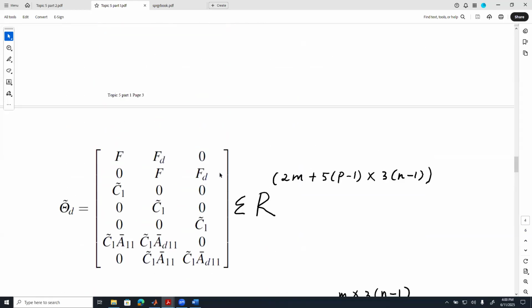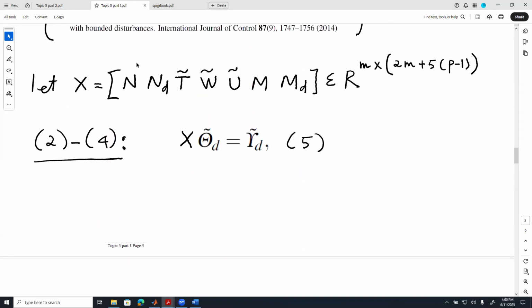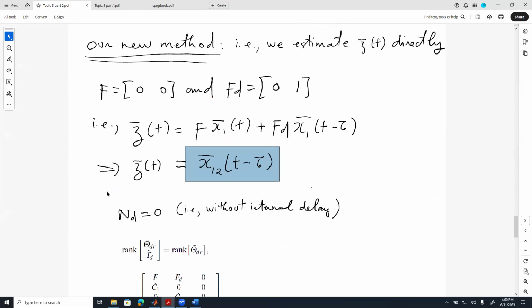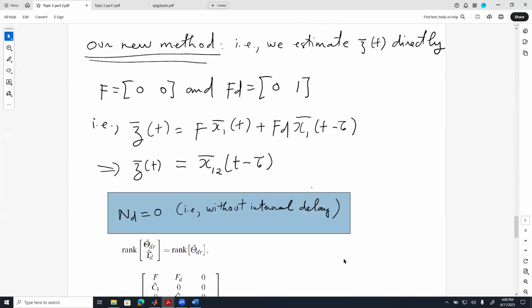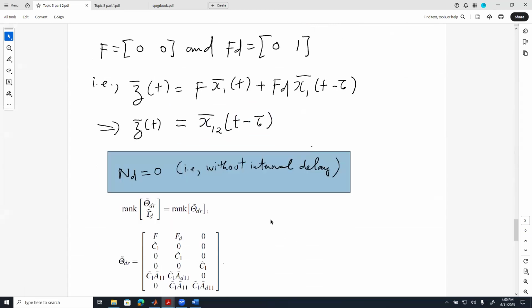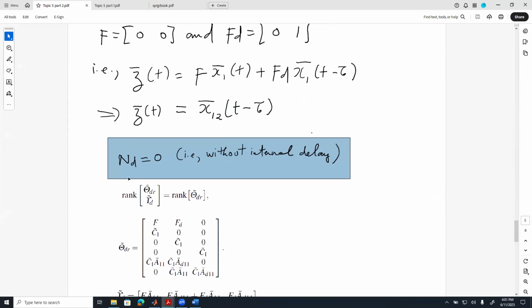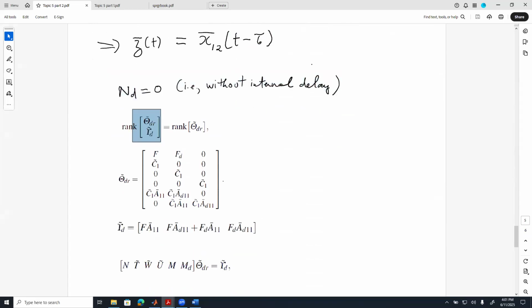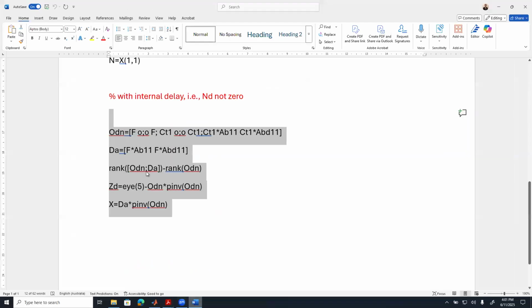We can also pick an observer without an internal delay. That's where we try first, because that always gives us the simplified structure. So we plug in these matrices, we obtain that and we check it. That's where I'd like to show the codings for that.